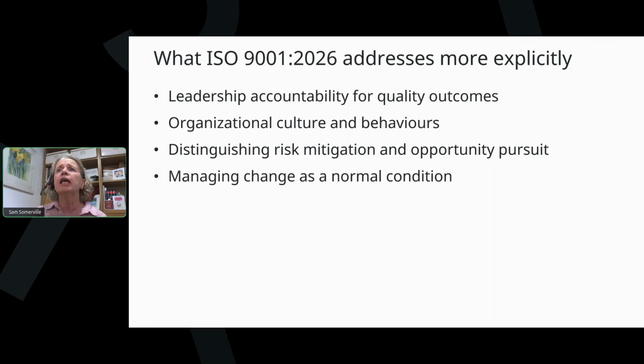And these include leadership accountability for quality outcomes, organisational culture and behaviours, clearer distinction between risk mitigation and opportunity pursuit, and managing change as a normal condition rather than as an exception. You'll know that these themes are not new, but the intent is now much clearer, and you'll mainly see those reflected in clauses 5, 6, and 7.